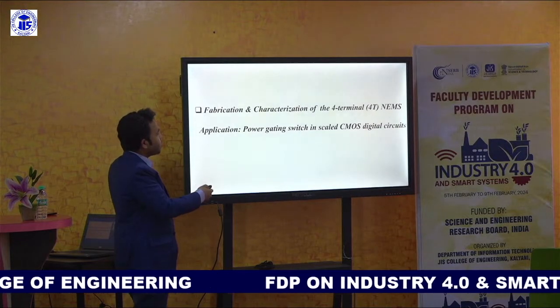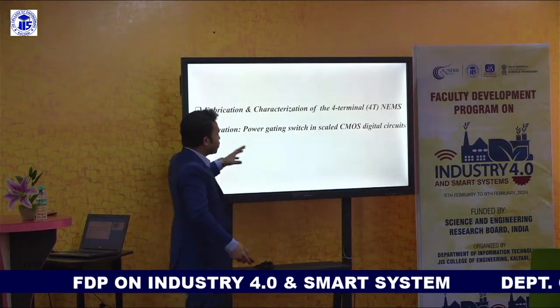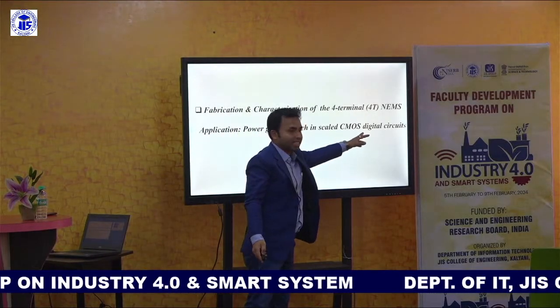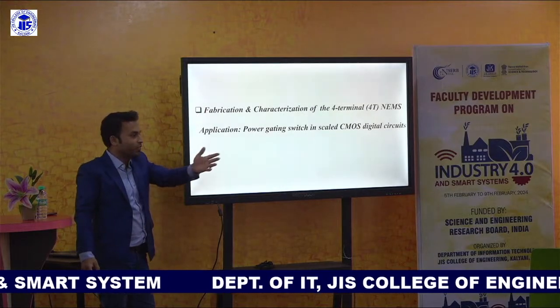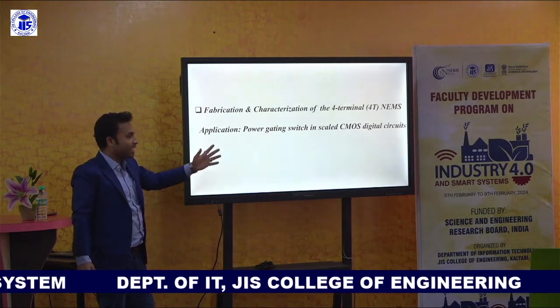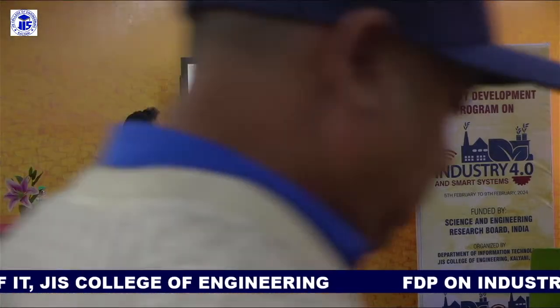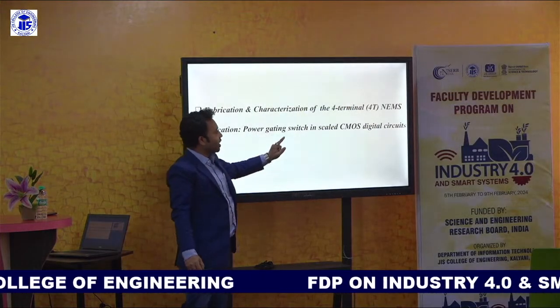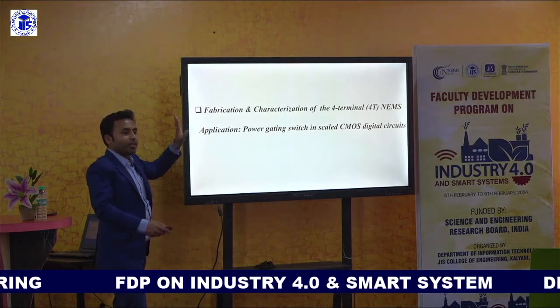The 40, actually we use these in the actual CMOS digital circuits. We all know, in IT and CSE we read analog circuits, digital circuits, AND gate, whatever. So in that digital circuit, if you use these, what efficiency improvement will you get out of it?